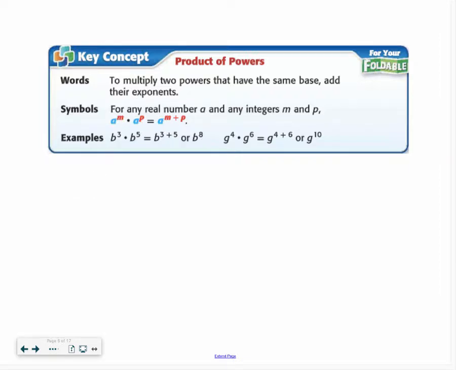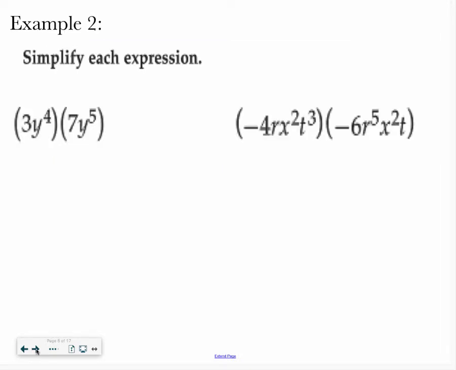So if you're multiplying, I'm going to highlight this section for you because I think these really help you understand what this product of powers means. If I have b to the 3rd times b to the 5th, I take b to the 3rd plus 5, or b to the 8th, and I end up at the same power. Okay, so let's apply that idea here when we go to simplify our expressions.